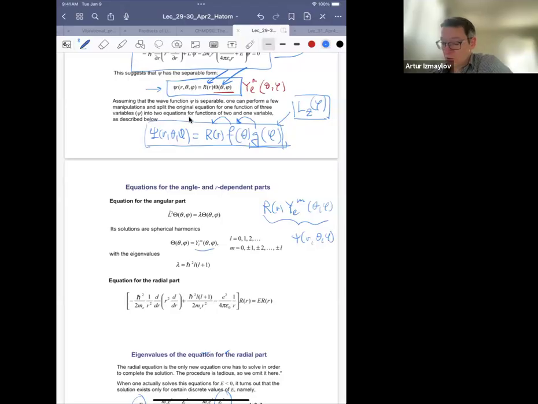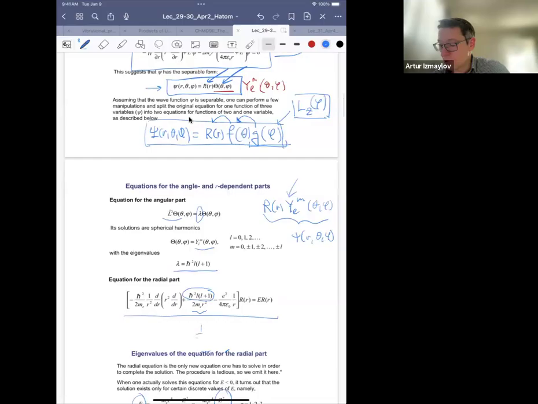And we put it in, so we get this equation for the radial part because these guys are eigenfunctions for the L square, right? So that's what allows us to get rid of them by applying the operator, switching the operator to a number, and that number, lambda, in this case is h bar square L multiplied by L plus 1. So this is appearing here, where we had this 1 over 2 me r square L square.